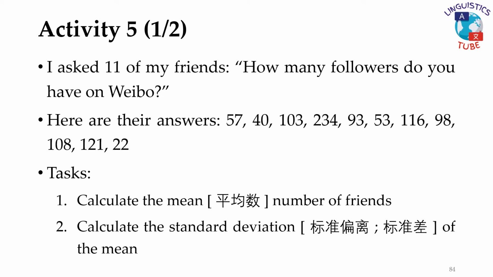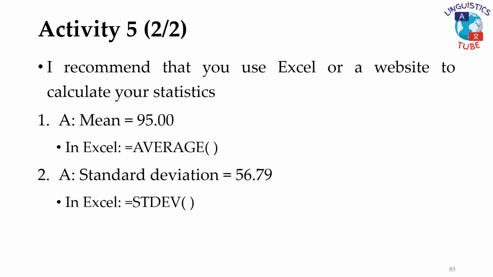Firstly, calculate the mean number of followers, and secondly, calculate the standard deviation of the mean. Here are the answers. The mean is 95.00 and the standard deviation is 56.79.